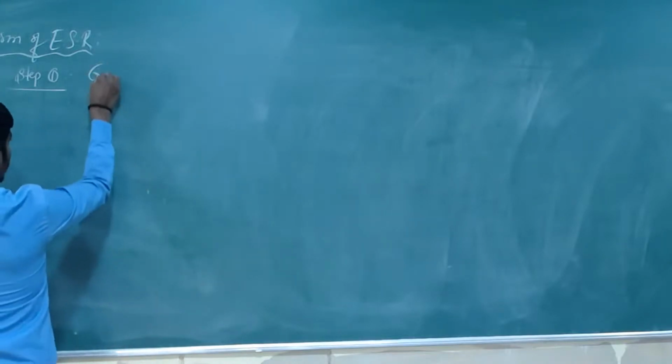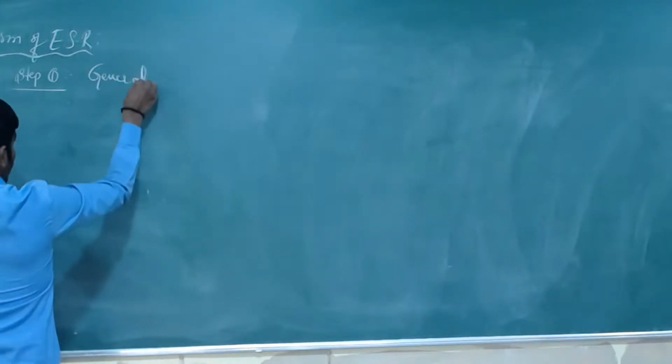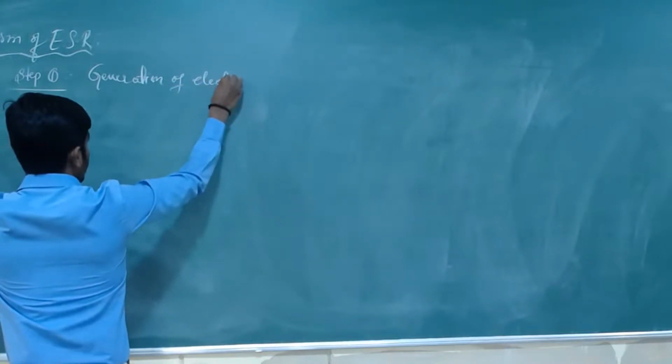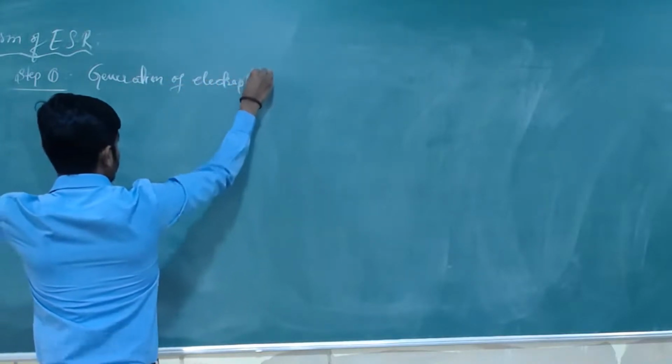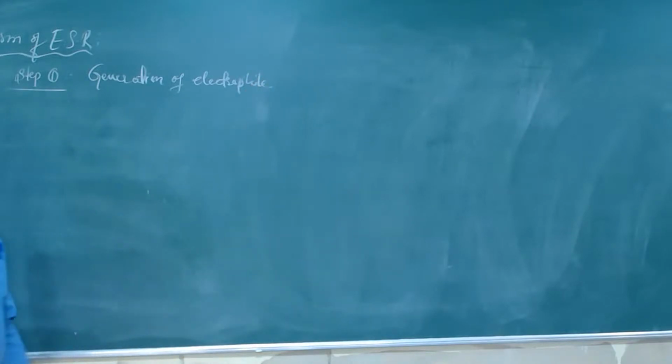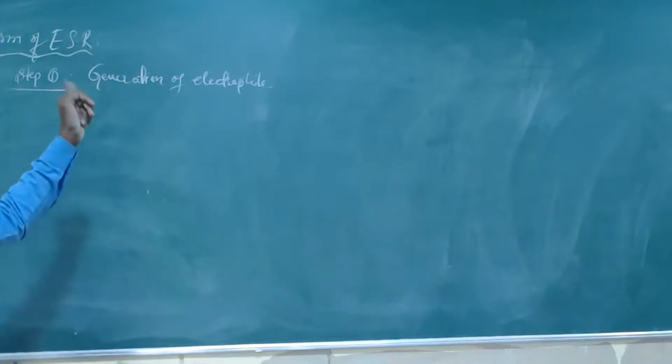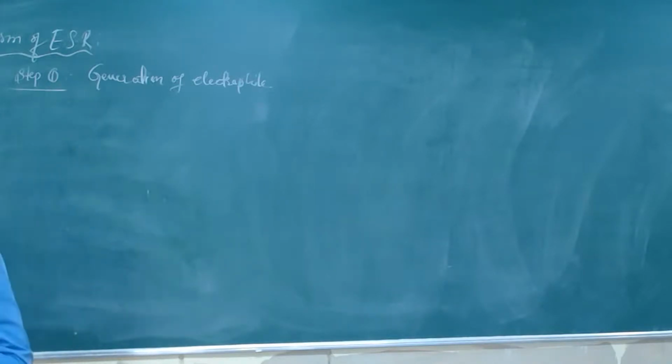The first one is generation of the electrophile. For example, in halogenation with X2, nitration, sulfonation, Friedel-Crafts alkylation and acylation, in all these reactions the first step involves the generation of the electrophile.